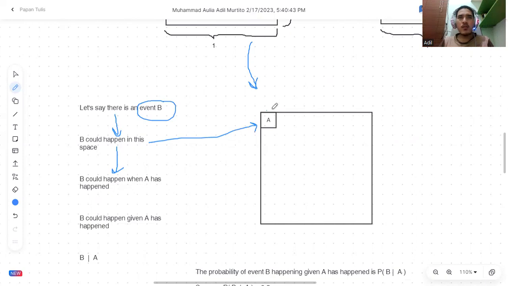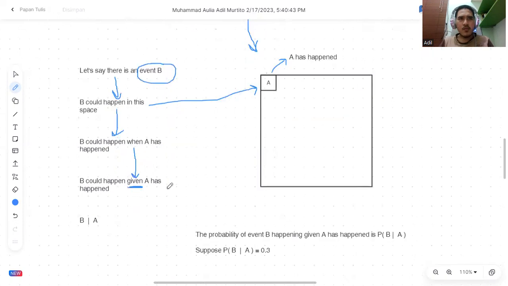This is a probability space where A has happened, so if B could happen in this space, it means that B could happen when A has happened. Or in other words, B could happen given A has happened. Okay, so look at this word, given.